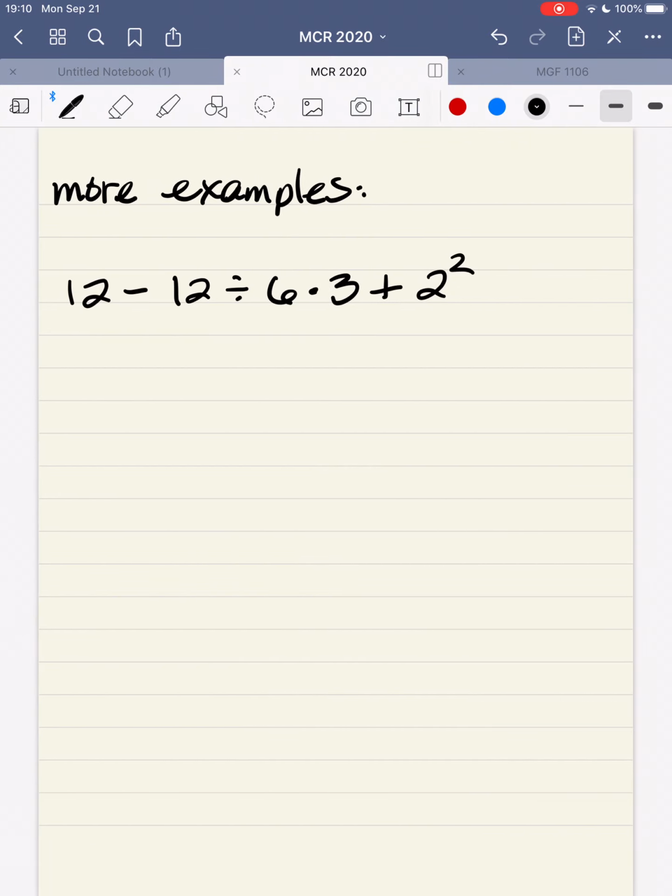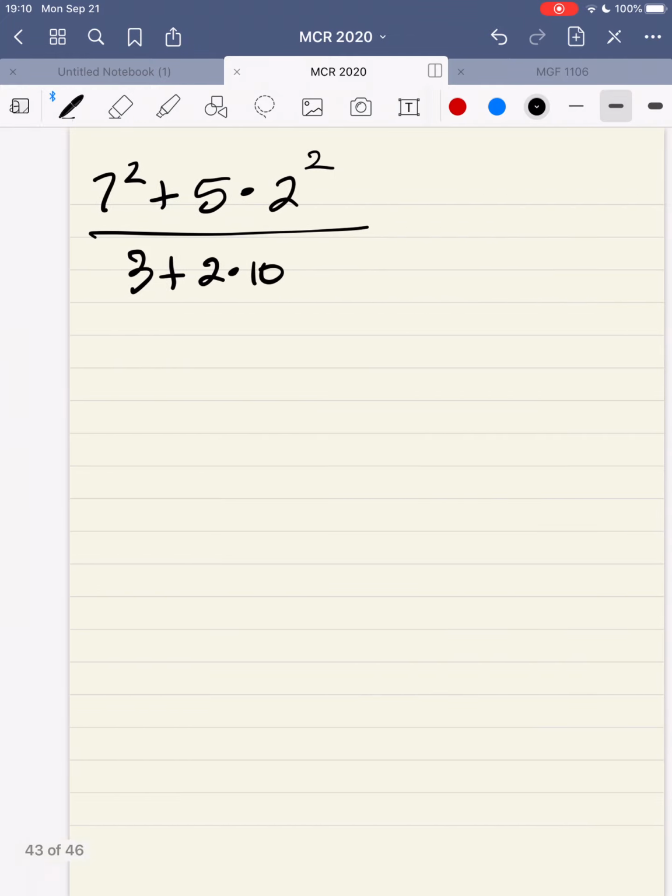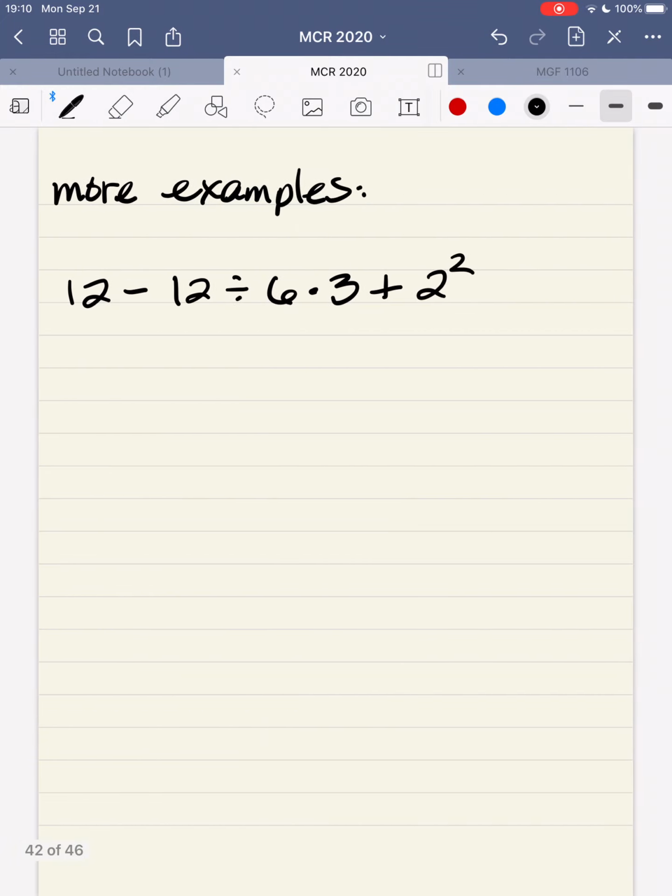Another example here. We have 2 more. So I want to look at this. First of all, do I have any parentheses? I do not. Do I have any exponents? I absolutely do. It's right here.